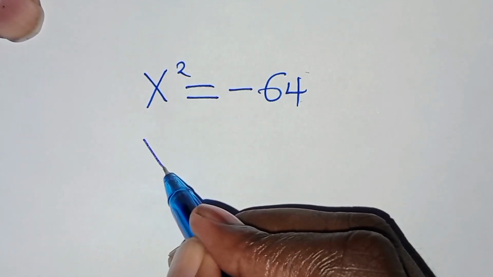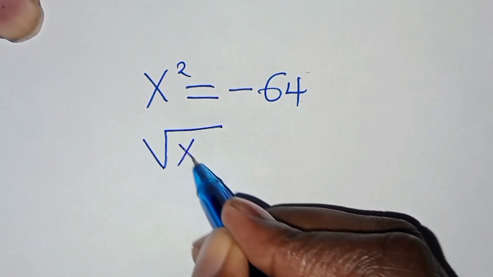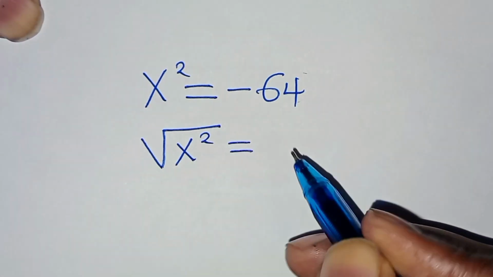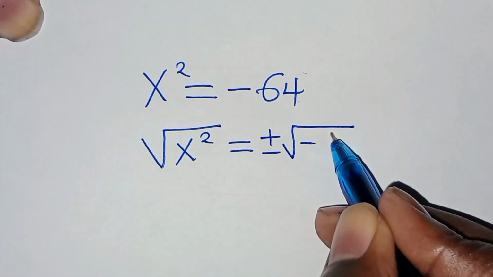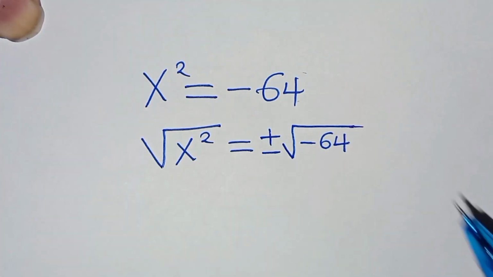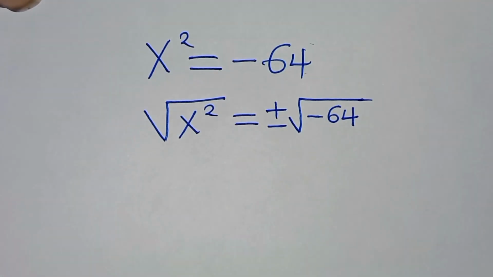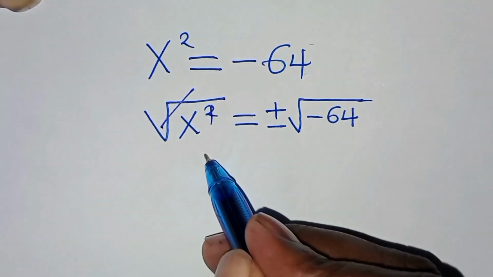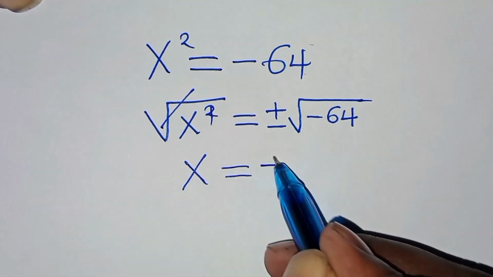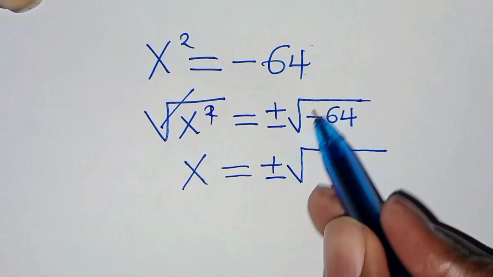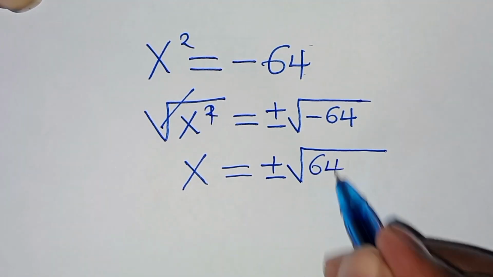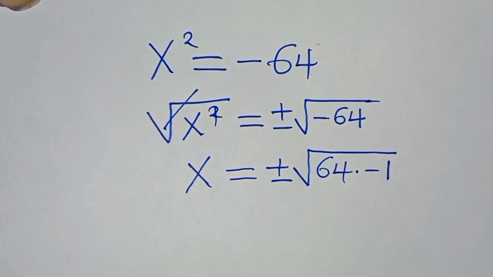To solve for x, we introduce the square root sign on both sides. So this is plus or minus the square root of minus 64. We can express the square root of minus 64 as the square root of 64 times minus 1.